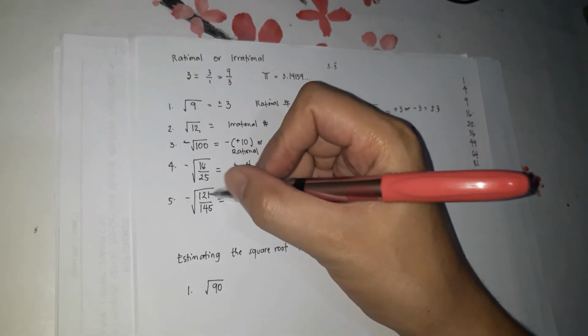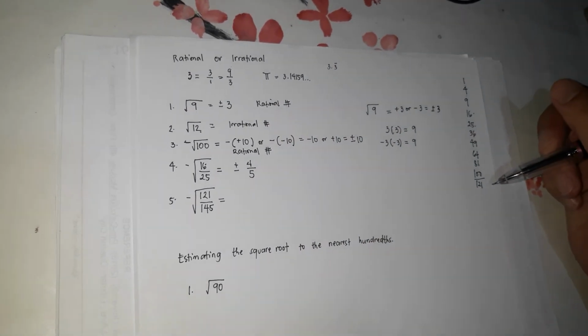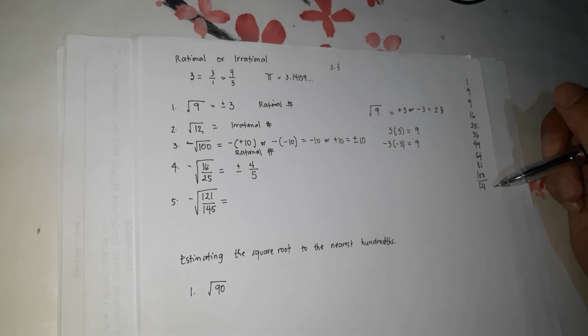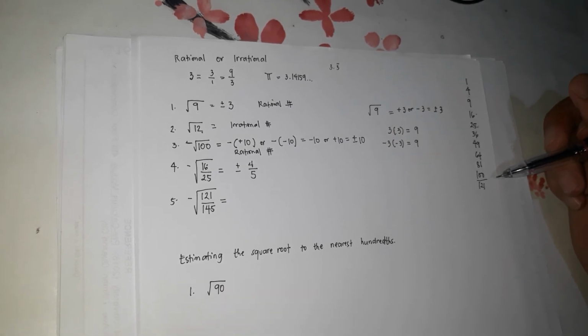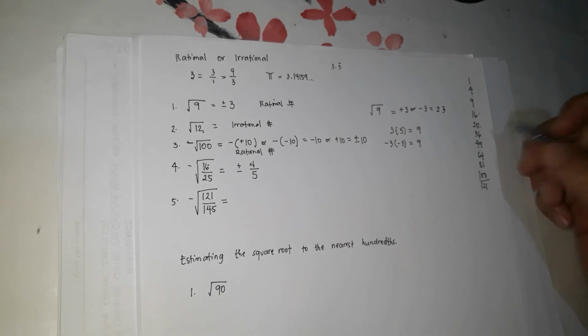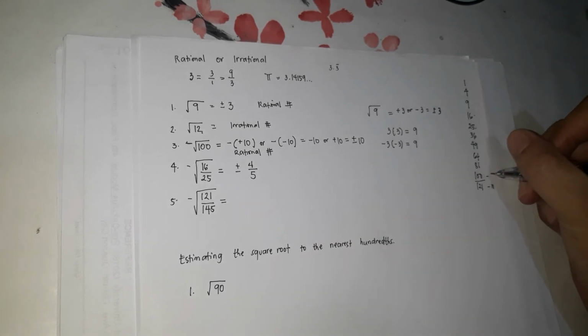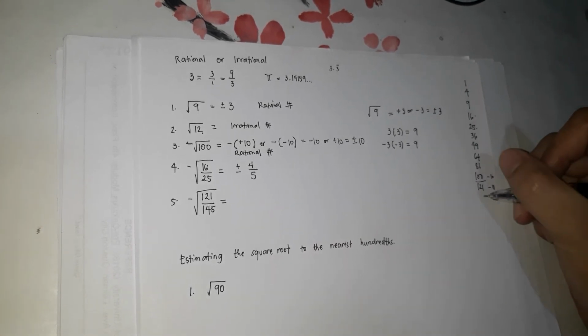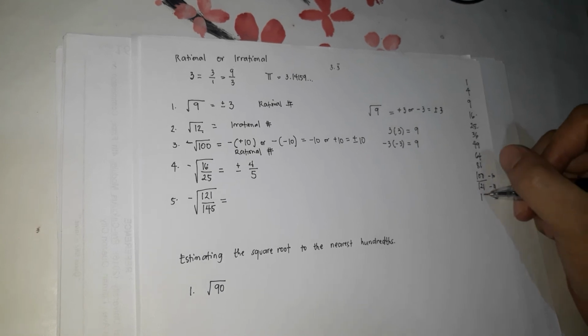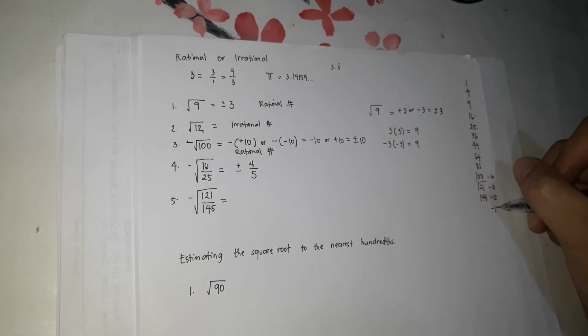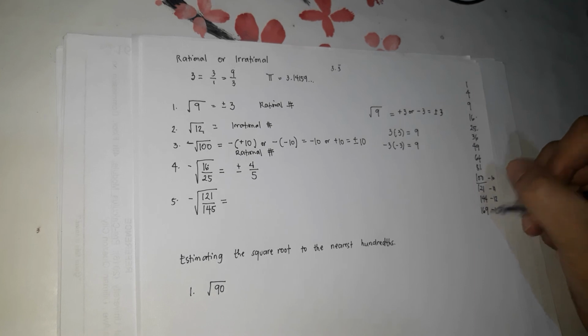Next, negative square root of 121 over 145. We know, based in here, na may square root ang 121. However, we don't know if there is a square root for 145. This is 11 for 121, because 10 times 10 is 100, 11 times 11 is 121, 12 times 12 is 144. 13 times 13 is 169.